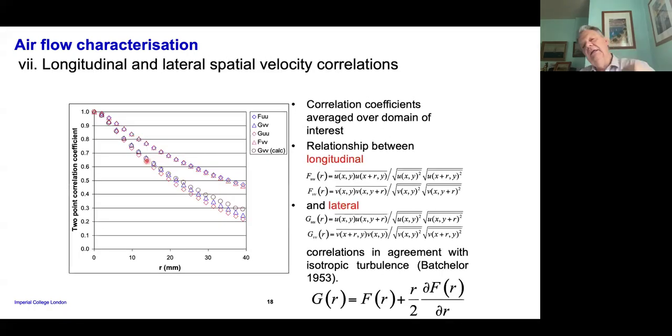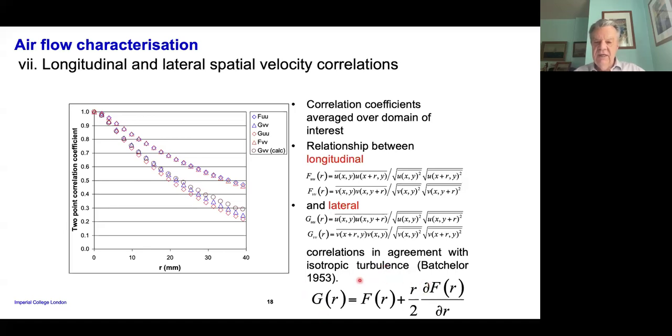And finally, a test which is based on a suggestion from Batchelor about what you should observe in isotropic turbulence. You do spatial correlations, 2-point correlations, either in longitudinal or lateral directions. So the horizontal axis is the distance between the 2 points. And you see how these correlations behave in the 2 directions.